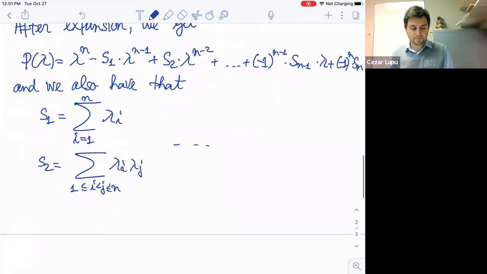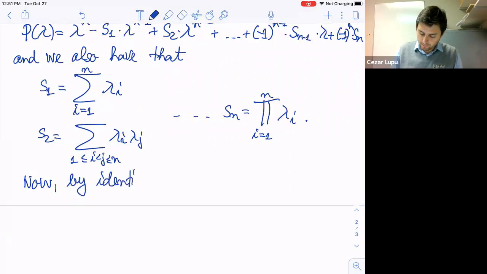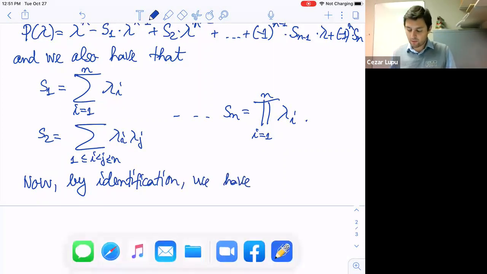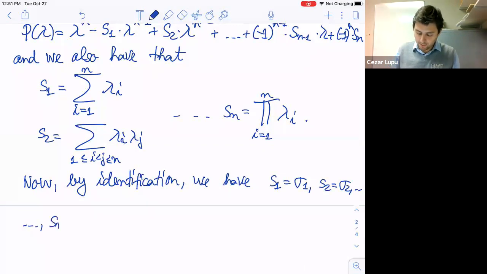S_n, the last one, will be nothing else than just the product of the lambda_i. Now by identification, we have that S1 is sigma 1, S2 is sigma 2, and S_n is sigma n.